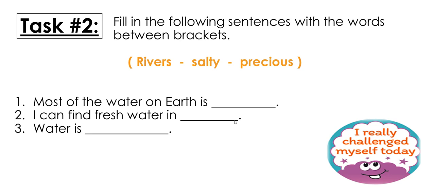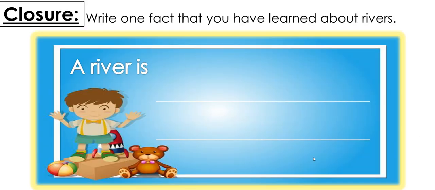And water is, remember, we need water to survive. We need to take care of it, and when we take care of something, it's because something is, so water is what? And then as a closure, write one fact that you have learned about rivers. So a river is, what have you learned about rivers today?